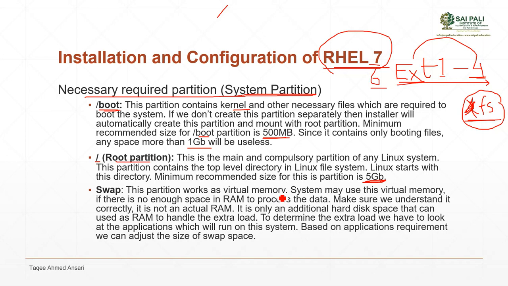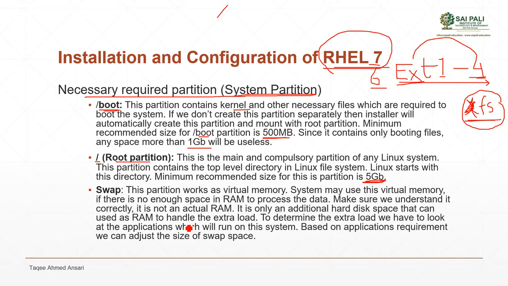In Windows, it is called page memory or virtual memory. The system may use this virtual memory if there is not enough space in RAM to process the data. So it is not a directory, it is actually a file which uses the space from your hard disk as virtual memory.